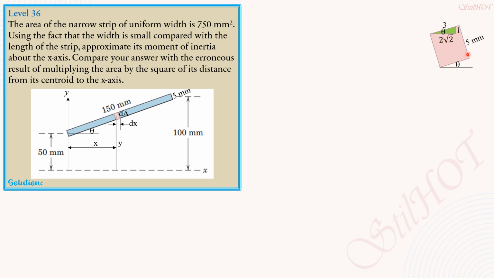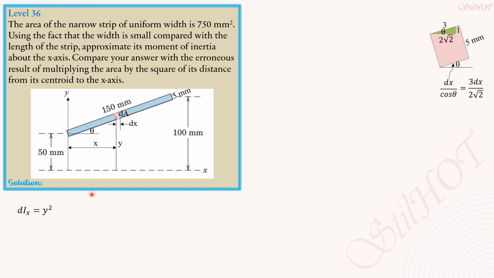The inclined dimension of this differential area would be dx over cosine theta. Since cosine theta from this slope is 2 square root of 2 over 3, this is dx over 2√2/3, or simplifying, 3 dx over 2√2. The differential area therefore is 5 times this dimension, 3 dx over 2√2.